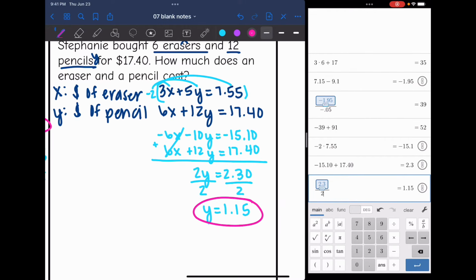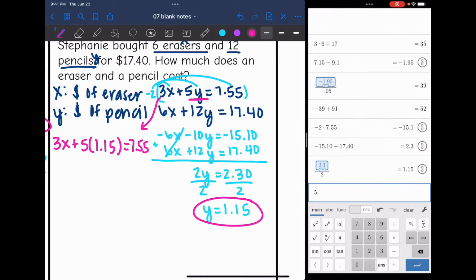Now I need to figure out the cost of an eraser. So I'm just going to use that original top equation and plug in 1.15 for y. So it'll be 3x plus 5 times 1.15, which I found for y, equals 7.55. So now let me do 5 times 1.15, which gets 5.75, so 3x plus 5.75 equals 7.55.